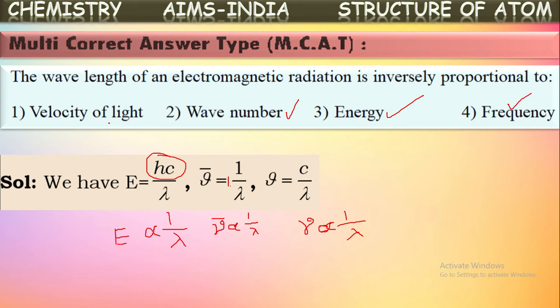What about velocity of light? If you take the equation nu is equal to c by lambda and write the same in another way, lambda is equal to c by frequency, we get the same by cross multiplication. Now how is this wavelength related to the velocity of light? Directly related.